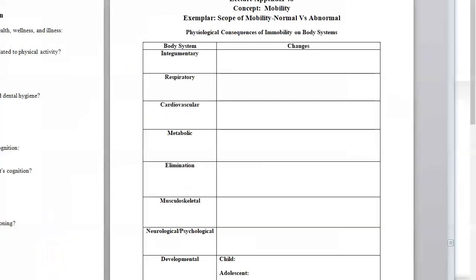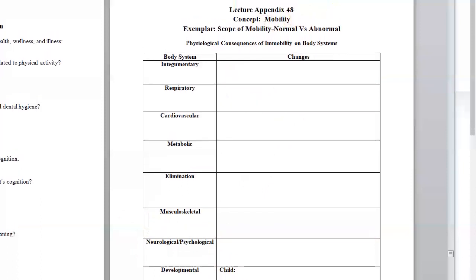All right, we're going to look at our concept of mobility, and our exemplar is normal versus abnormal mobility. What I have here is Appendix 48. What I want you to do on your own is to look at these different body systems and think about what kind of changes you would see within that system when someone becomes immobile.